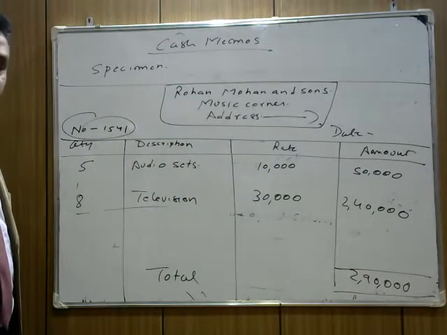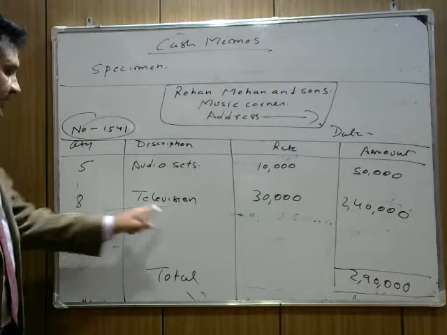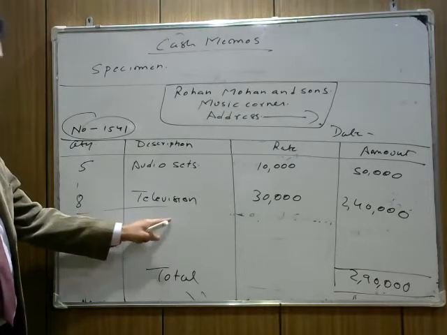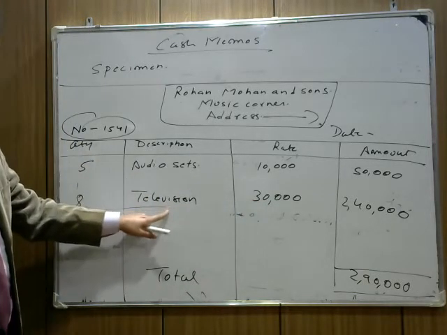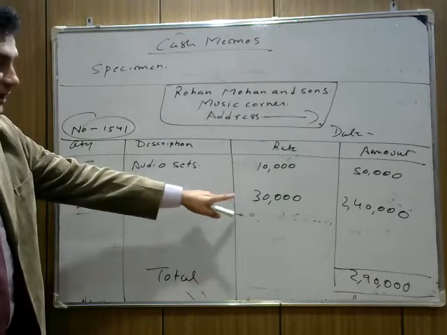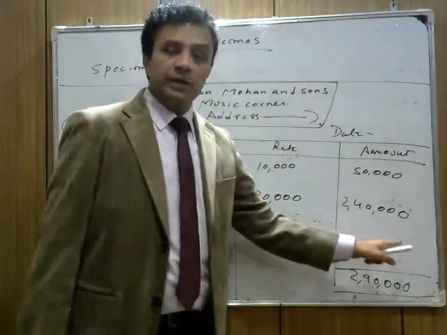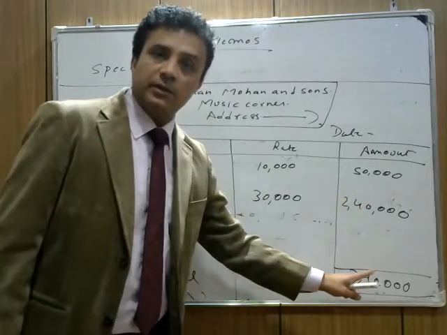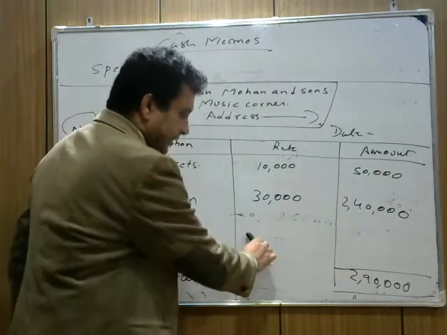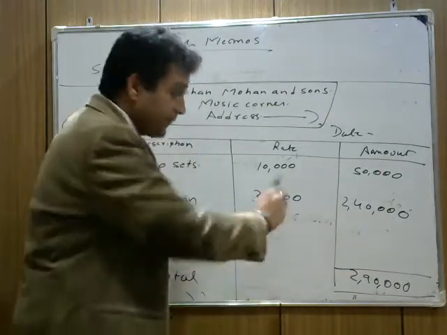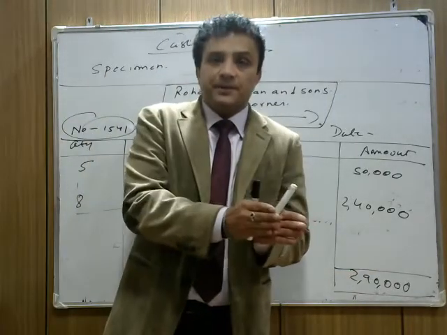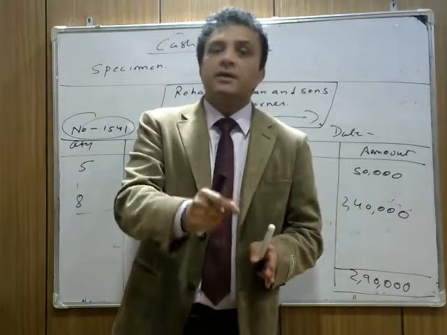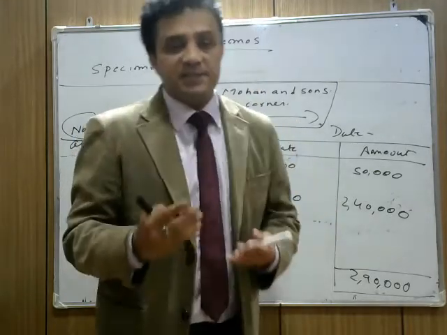I hope it's clear. Similarly, they sold 8 TV sets. The rate of one TV set is 30,000, and 2,40,000 is mentioned. If they provide any discount or rebate, they should write less discount. If any CGST or IGST, any GST portion is here, I will tell you what CGST and IGST are.